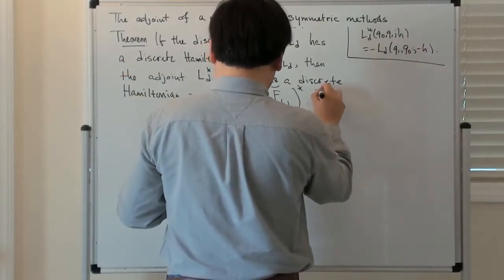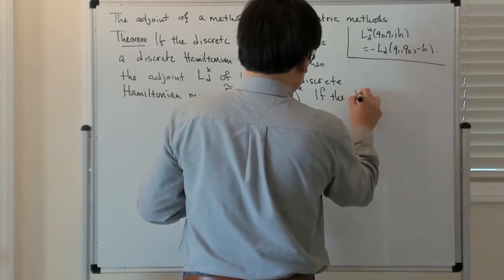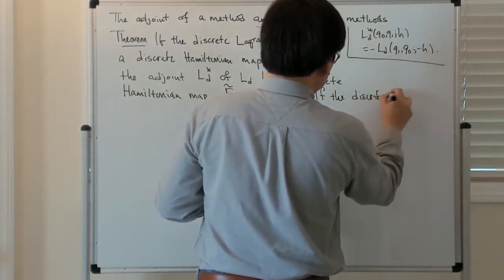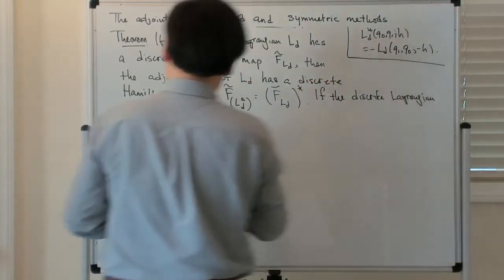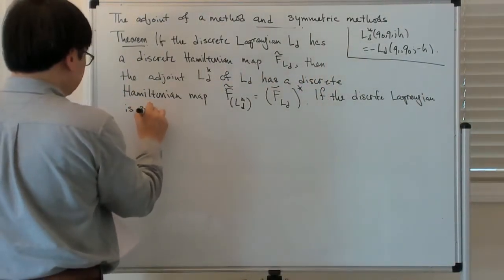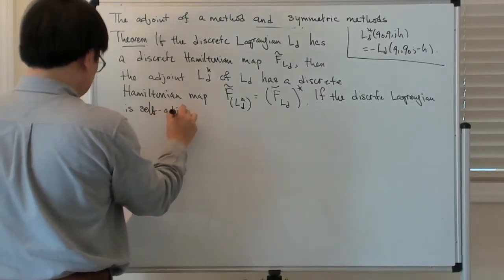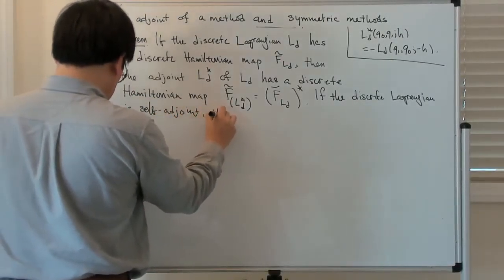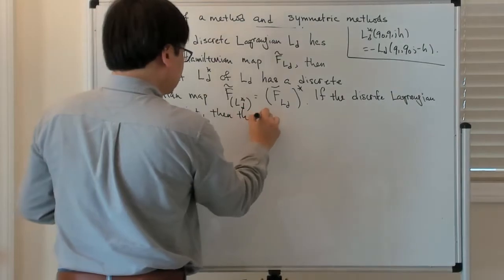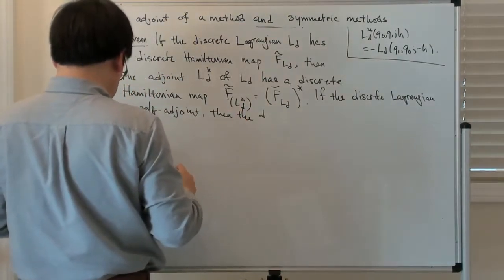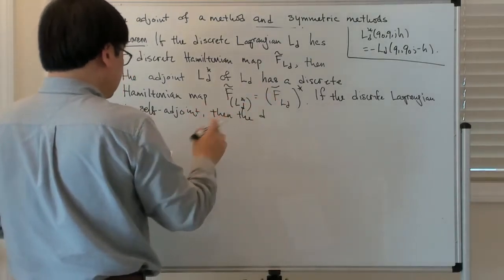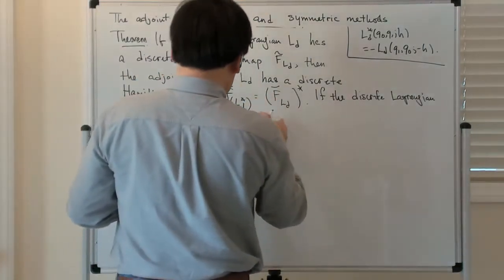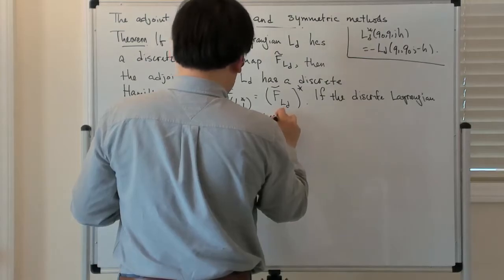So, if the discrete Lagrangian is self-adjoint, then the method is self-adjoint.